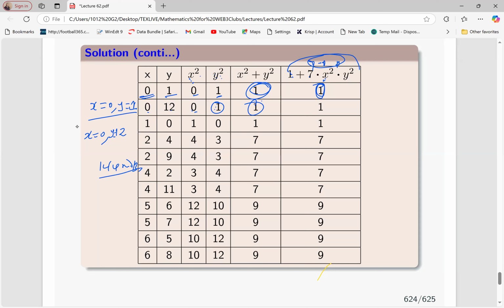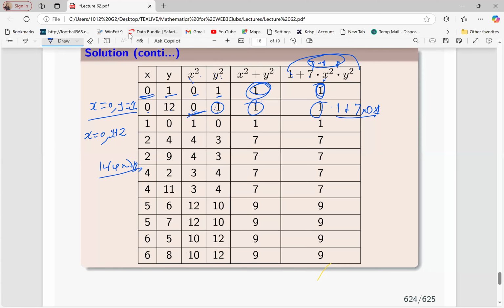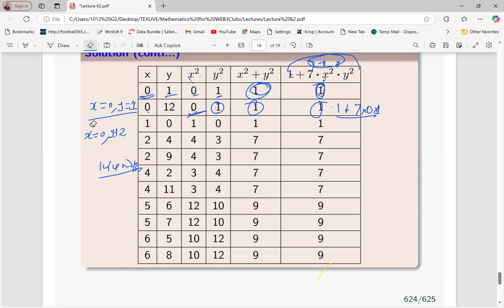The right-hand side will then be 1 plus 7 multiplied by x square. x square is 0 and y square is 1. So this gives you 1. So all of these are the solutions that I wrote, the possibilities of x and y that will satisfy that equation.